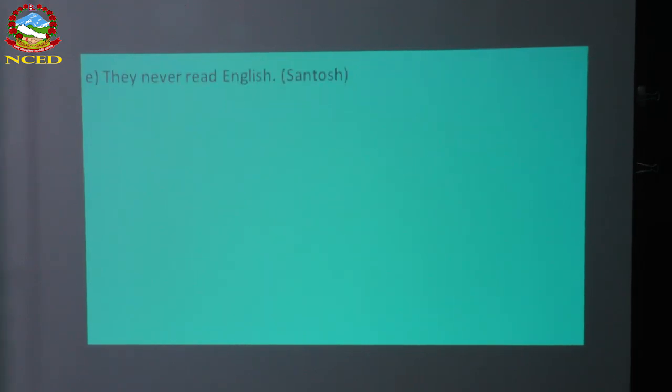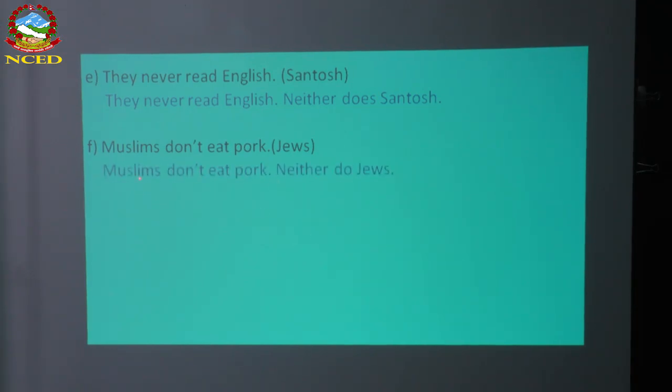Next number E, they never read English, Santos. They never read English, neither does Santos. Number F, Muslims don't eat pork, Jews. Negative statement. Muslims don't eat pork, neither do Jews.